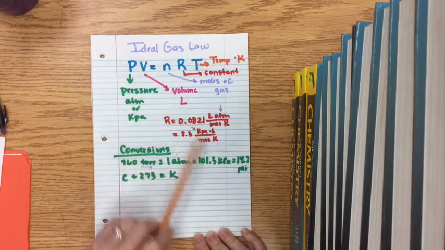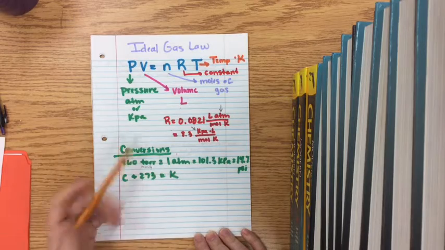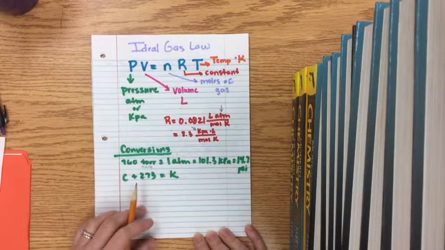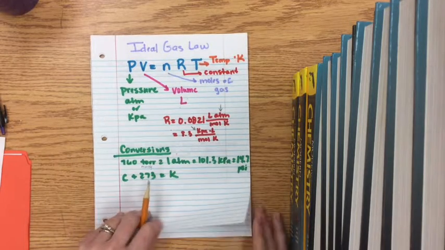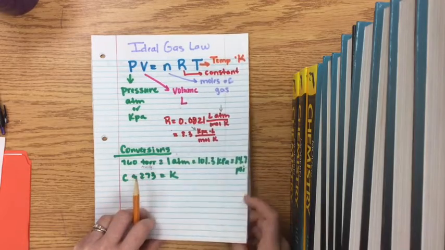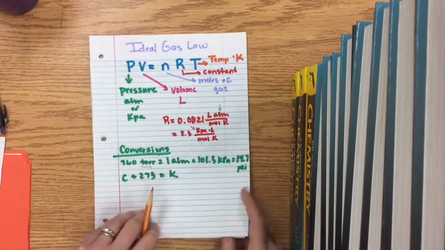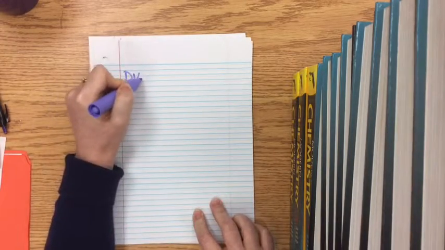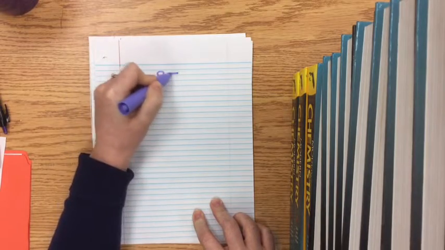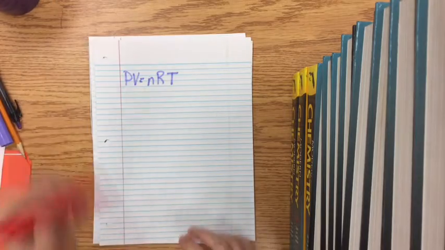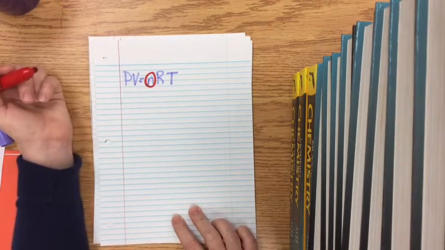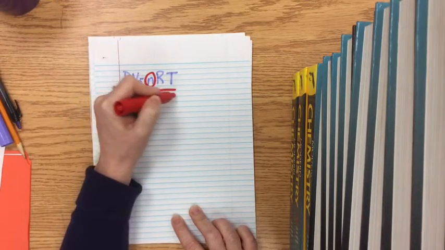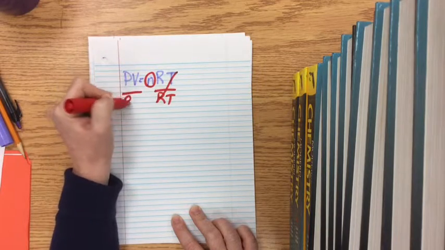All right, so this is our gas law equation, and all we have to do is take that equation and multiply or divide to get the unit that we want. So let's practice rearranging. Let's say that we had PV equals nRT, and the problem asked us to find the number of moles. If I was looking for the number of moles, I'd have to move RT over to the side.